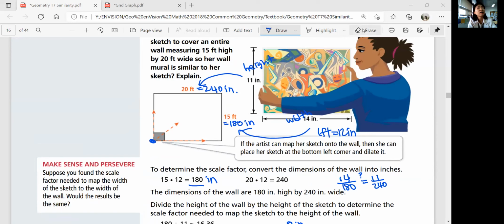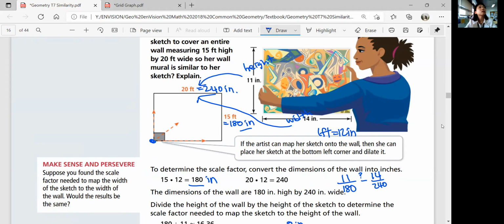Okay. Yeah, so it's actually, I think I flipped the explanations too. Sorry. So that's 11 and that's 14 because this one is the bottom part, right? So it needs to map here to 240. So 14 maps to 240, 11 maps to 180.